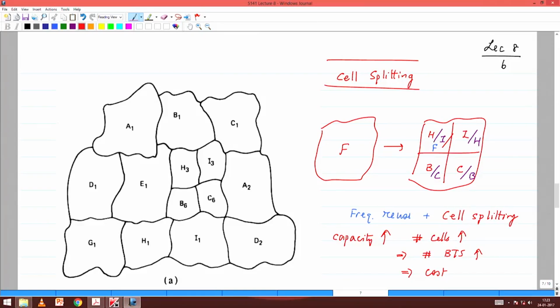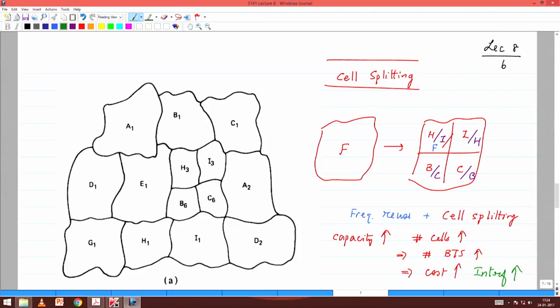Also, I heard somebody mention it, the more base stations you deploy, the more difficult it's going to be for you to find a non-interfering frequency allocation. So frequency interference management is going to become a challenge. Maybe just add to this, the number of base stations will increase, cost will increase, and maybe very important, interference will also increase. We should never forget that that is an important element to keep in mind.